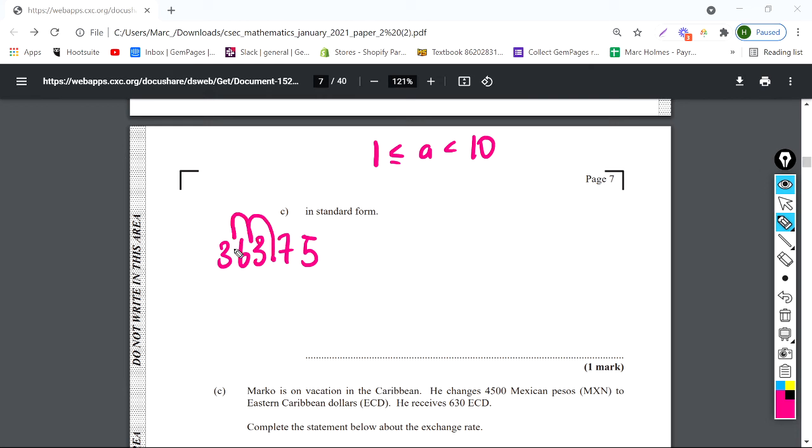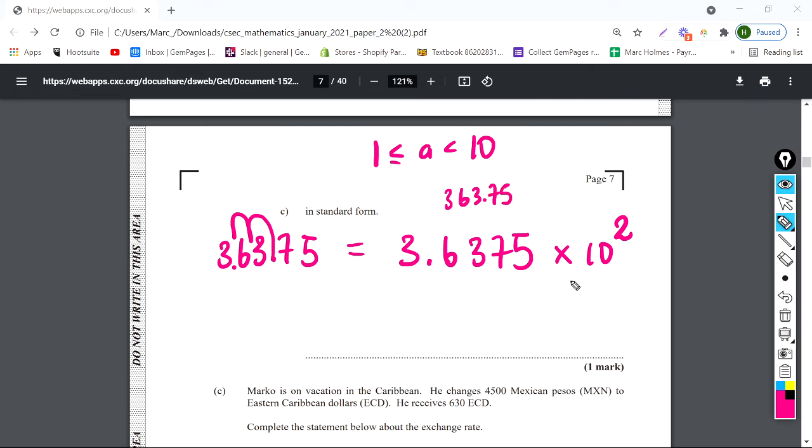The only place that is going to be between 1 and 10 is 3.6375. And of course, we have to multiply this by 10 to the positive 2, because if you multiply it by 10 to the positive 2, it ends up back being 363.75. That makes perfect sense. 3.6375, if we multiply that by 100, goes back to 363.75. So this is the answer in standard form.